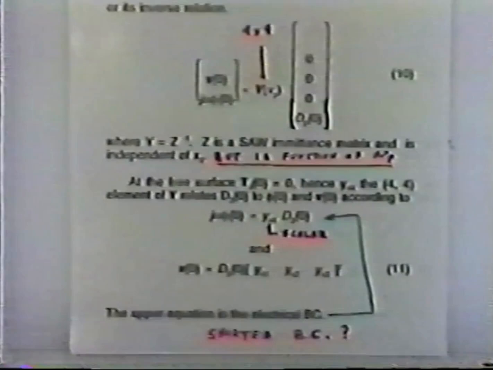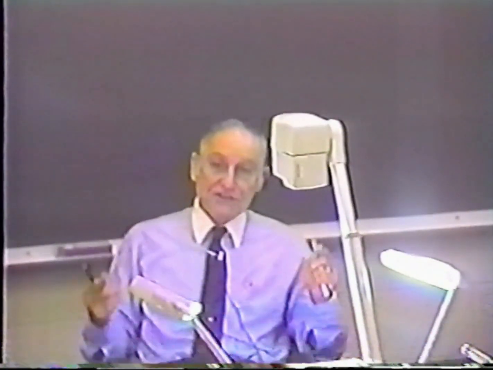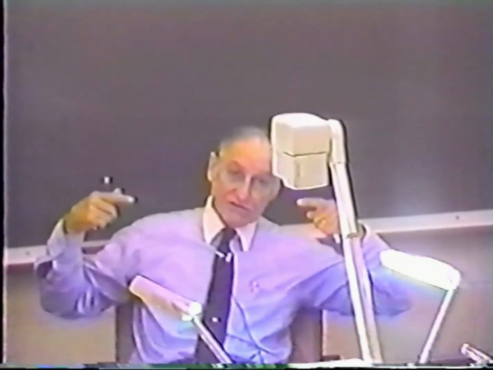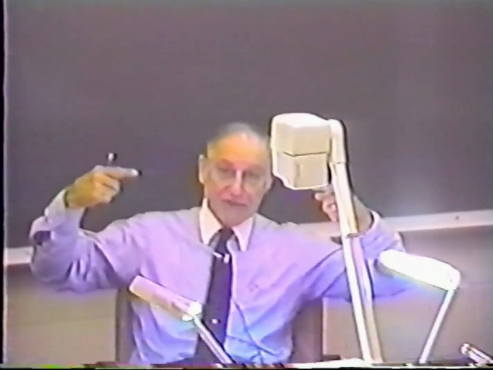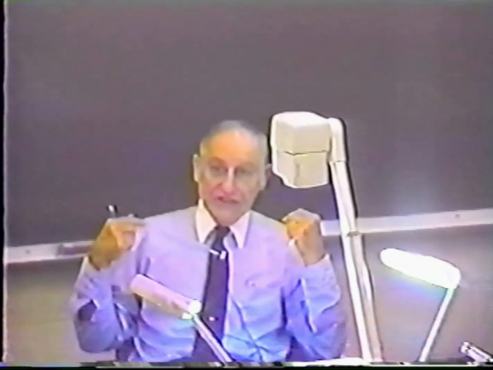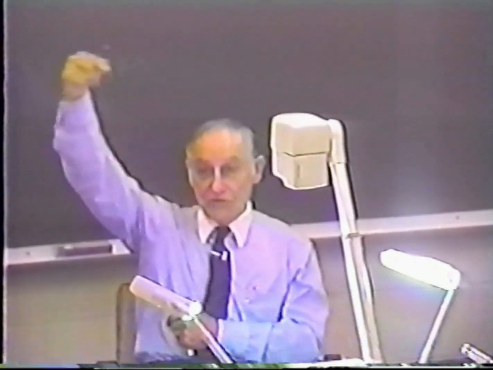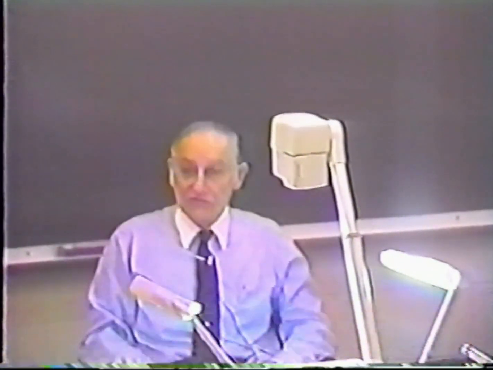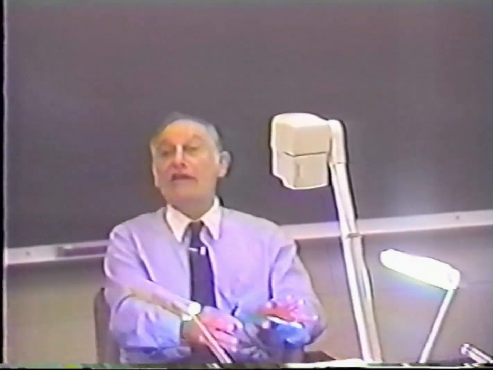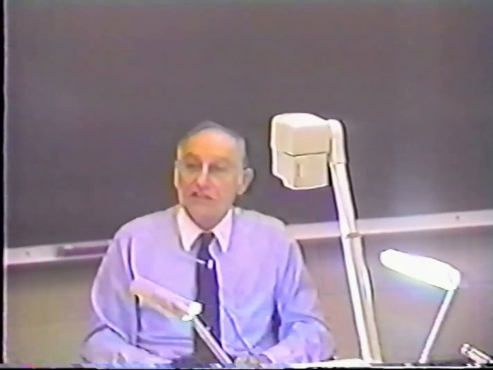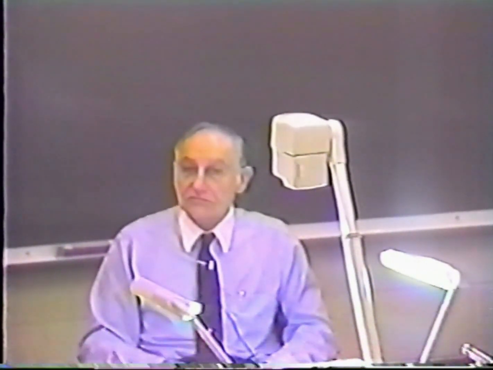However, remember, if those stresses are not 0, we're dealing with an interfacial problem. And what I mentioned earlier about multiplying matrices will then guarantee that you're satisfying interfacial conditions, and it's only when you get to the uppermost surface that you have to take a look at, okay, what do I do now? 0 stress, this must follow.